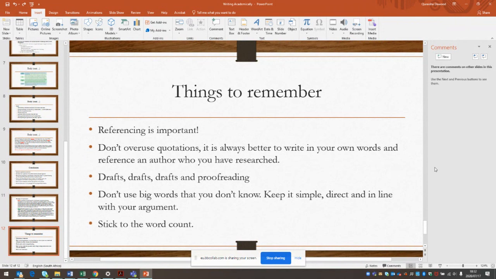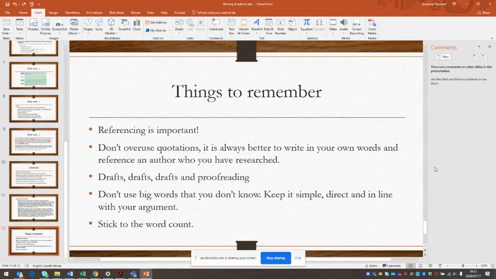So perhaps you love the work of Castells, who talks about information economy, network society. You can say Castells posits that we are living in a knowledge economy, and then you talk about it in your own words. Okay, it shows that you have an interest in the subject and you understand it. If you just use quotes from other people, perhaps you don't understand your work.